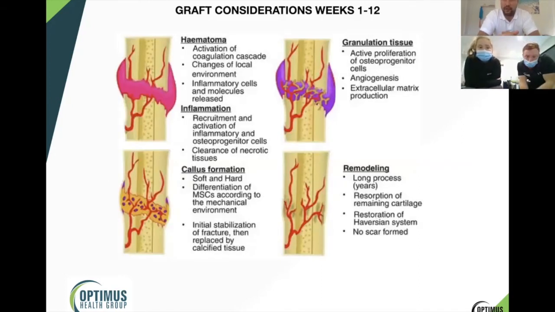The other thing that a lot of the time people don't understand is that the most important thing in the first 12 weeks is actually the tendon and bone tunnel interface. Now, when you're going through this whole remodeling process where there's granulation starting to come in, you've got this callus formation starting to come in, most people and most of the arguments online are about, can you load the ACL graft to extension, open chain, closed chain?